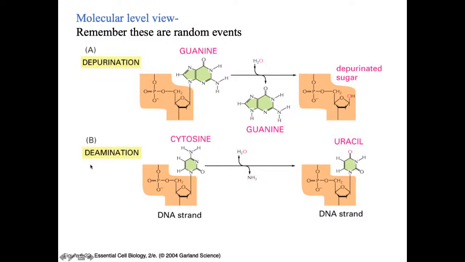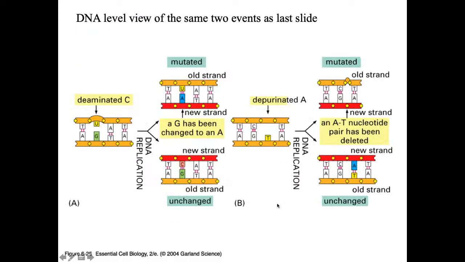In deamination, your DNA is still there, but your cytosine changes into uracil by the removal of the NH3 group, and oxygen comes in. So this is deamination. Further, at the DNA level, the same two events happen.